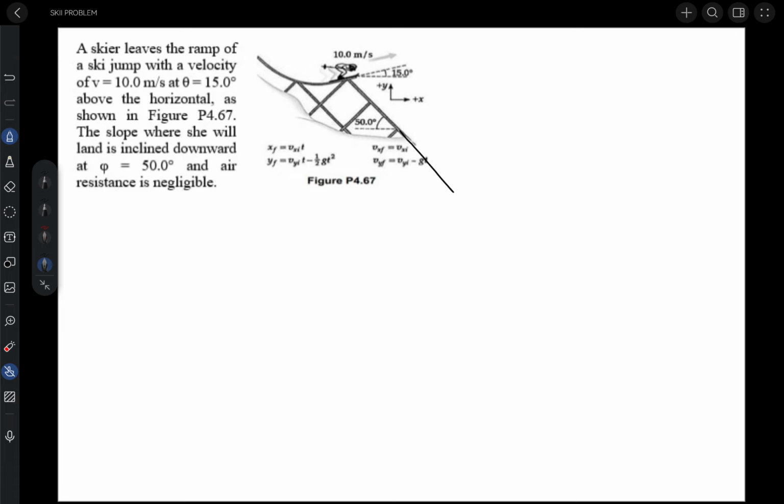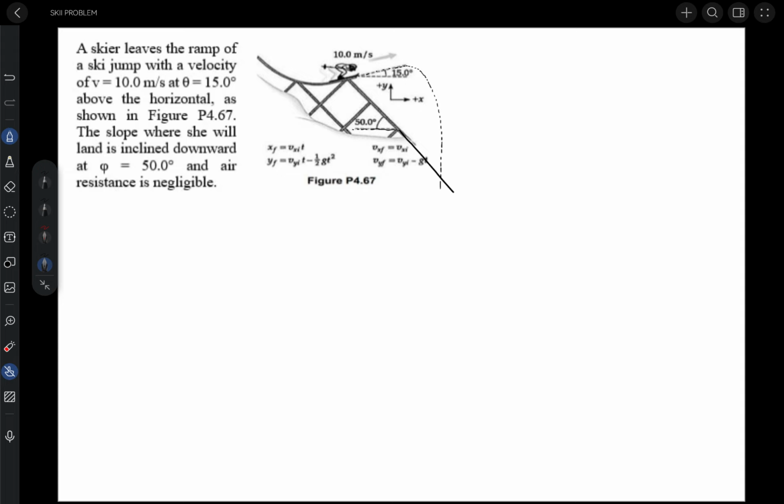You can probably visualize this one. For some time, the skier would have landed on the platform that's angled at 50 degrees from the horizontal axis, as you can see.